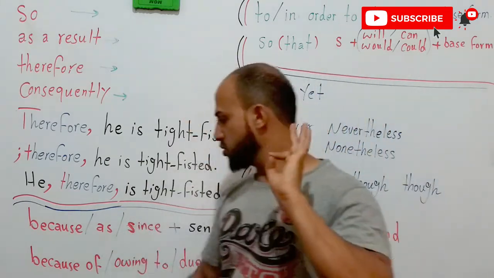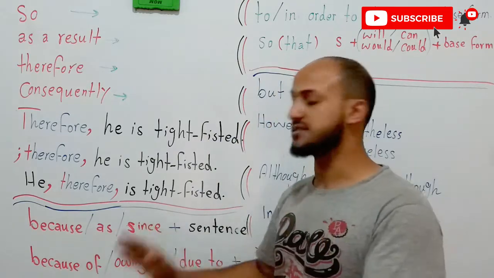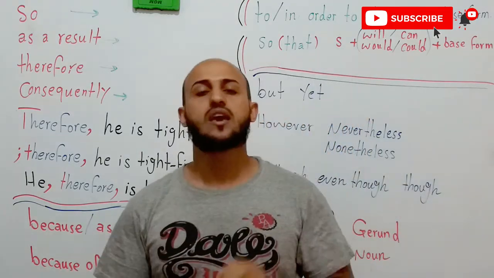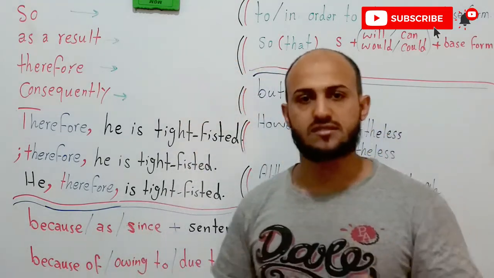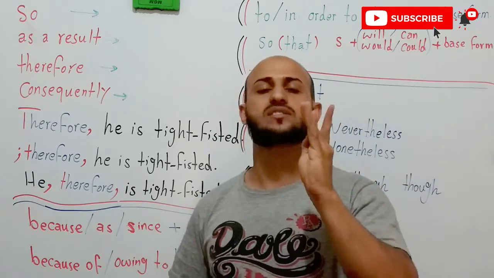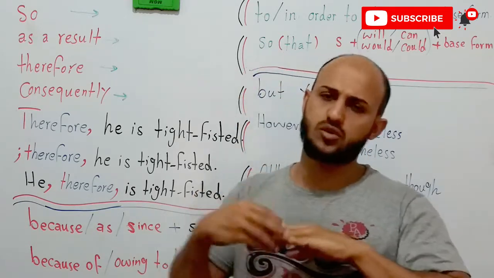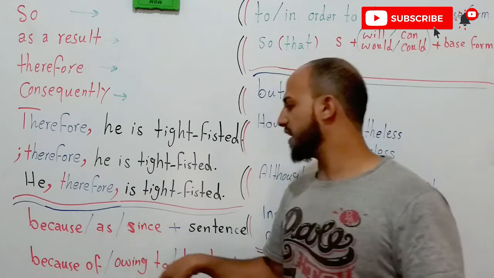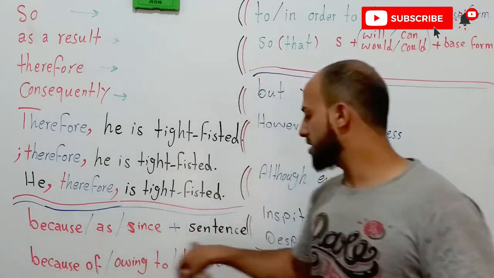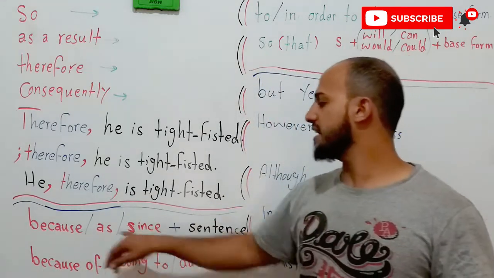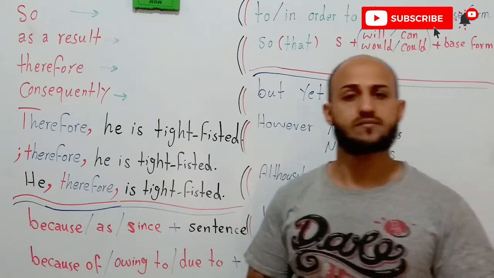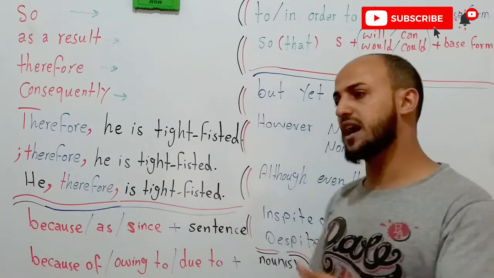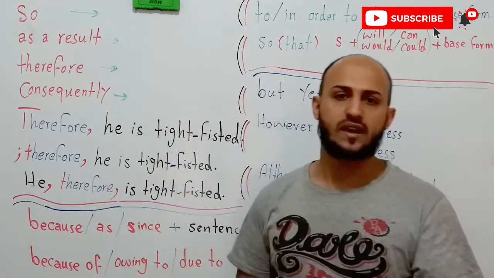Remember, guys, when you use because, as, or since to show a reason, you must use a clause: subject, verb, object. Sometimes you don't need an object. So don't forget this: because, sentence; as, sentence; since, sentence. All right, I did that because you made me do that.